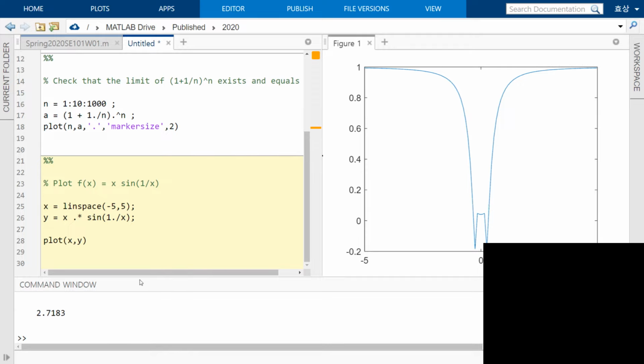So let's decrease the interval from -1 to 1 and then increase the number of points in this array. Let's say 1000 instead of 100. So default is 100.